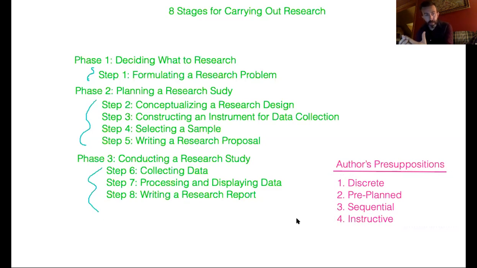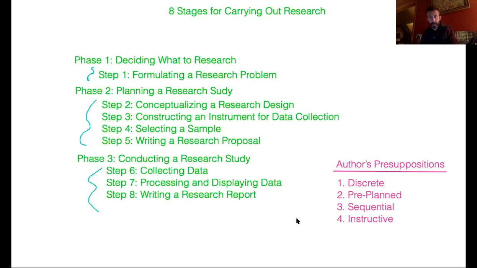Each step or phase stands on its own, apparently. It doesn't seem to be implicated in prior or preceding steps, right? So if you're formulating a research problem, that is distinct or discrete with respect to writing a research proposal. Those are two separate activities, and that's a presupposition that the author has, right?